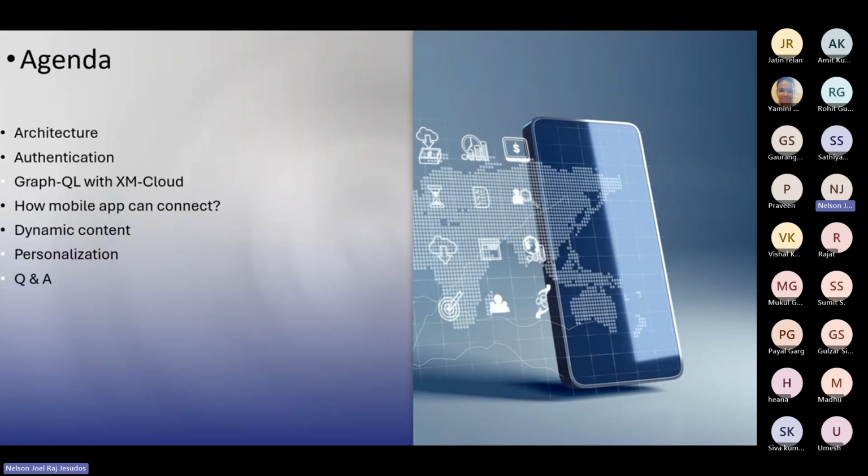The agenda for today's session is, first, we'll go through the architecture, how we implemented this in our existing client infrastructure. We also worked on some projects, so we'll see the pros and cons of the architectures we used. Then authentication: how we make sure our mobile app is secure, because we are communicating with the Sitecore CMS.